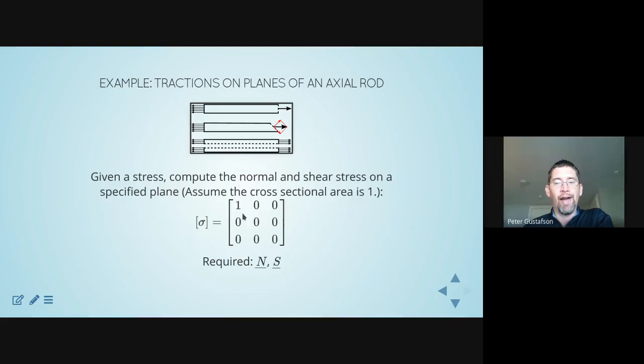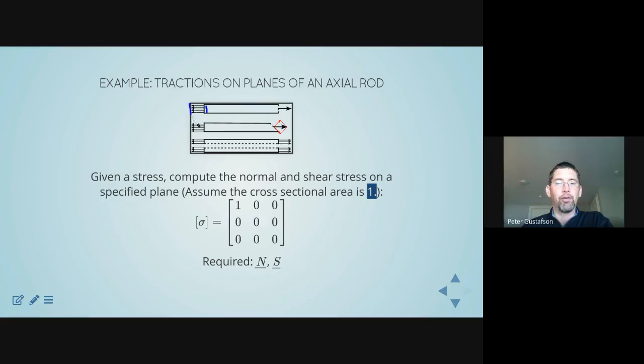I'm going to define the stress. Again, we've got a negative face, negative stress here. It's uniform. I'm going to say that it has magnitude 1. And further, I'm just going to assume for simplicity that the cross-sectional area is 1. So this area is 1.